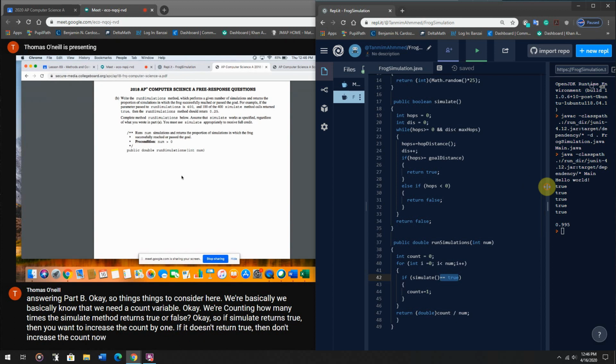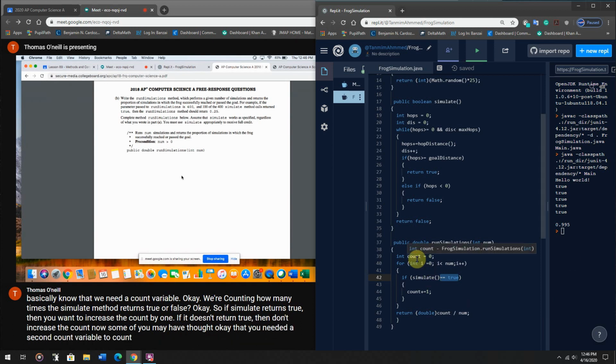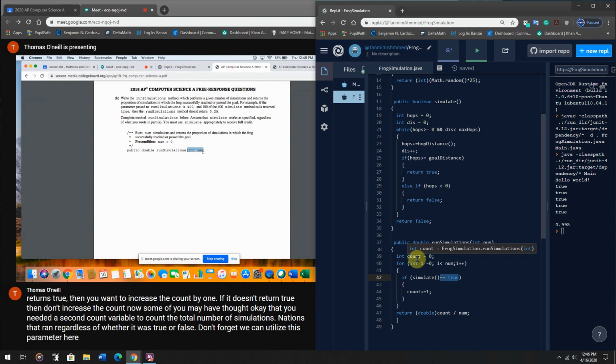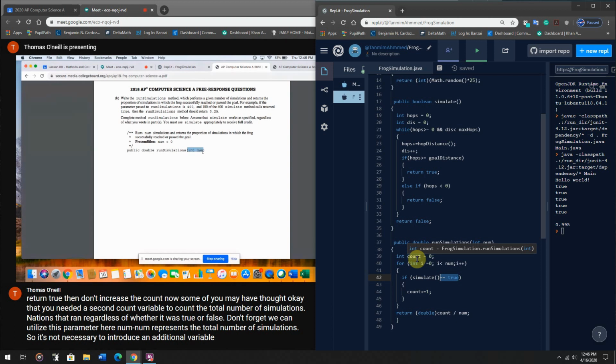Now, some of you may have thought that you needed a second count variable to count the total number of simulations that ran, regardless of whether it was true or false. Don't forget, we can utilize this parameter here, num. Num represents the total number of simulations. So it's not necessary to introduce an additional variable to account for the total number of simulations.